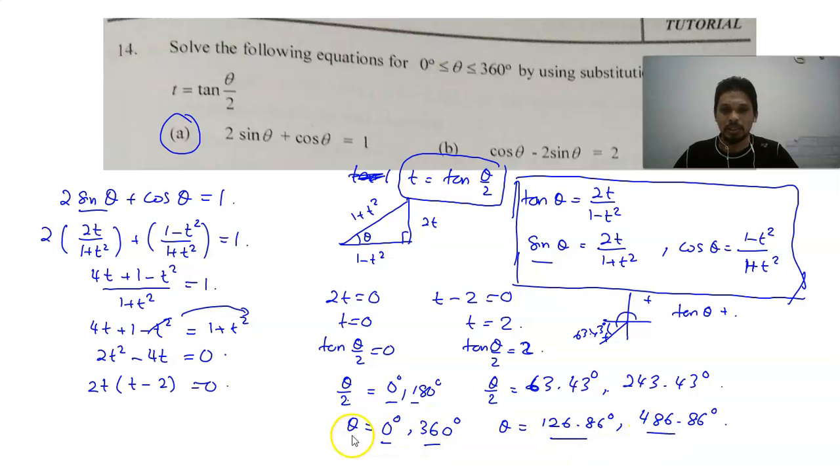These are the values of theta. It is mentioned in the question that theta lies between 0 up to 360 degrees. All these angles, 1, 2, 3, 4, are the answers for theta between 0 and 360, except for this one, 486.86 degrees, because 486.86 degrees is greater than 360 degrees, meaning this angle is outside the range of 0 up to 360.